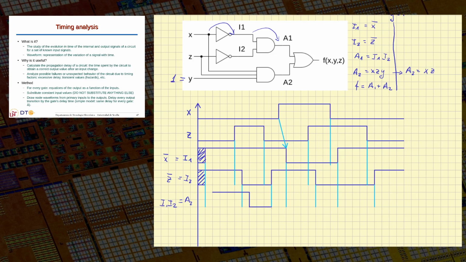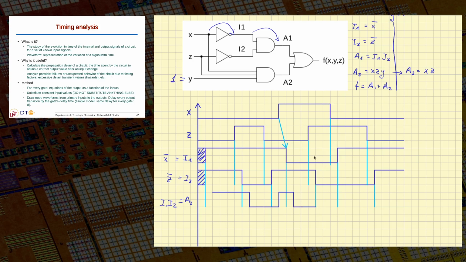Now the next value is 1, 1. So the AND will be a 1, but it will not change immediately, but a delta after that. Okay. It will continue to be 1 up to this point. Now the new value is 0, 1. 0, 1 will make a 0 that will be reached with a delta delay. And anything I draw up to the next position.